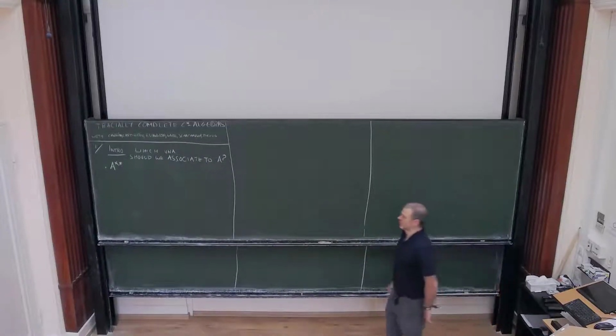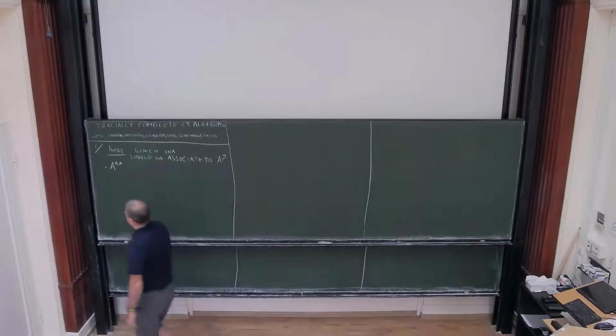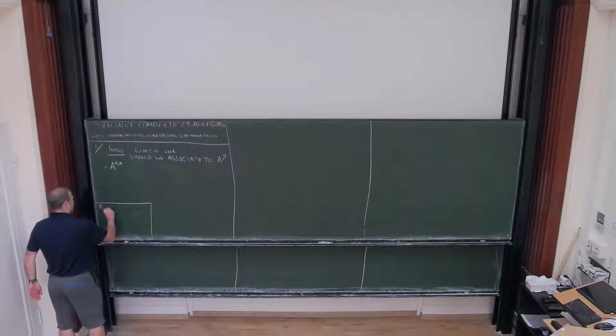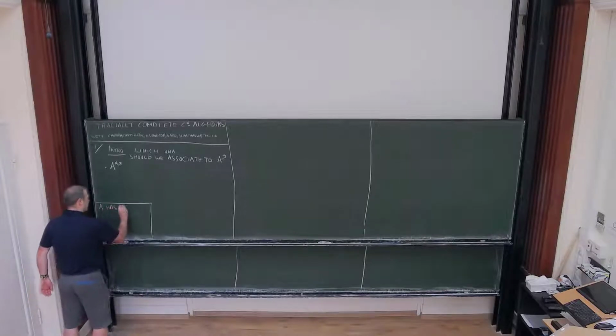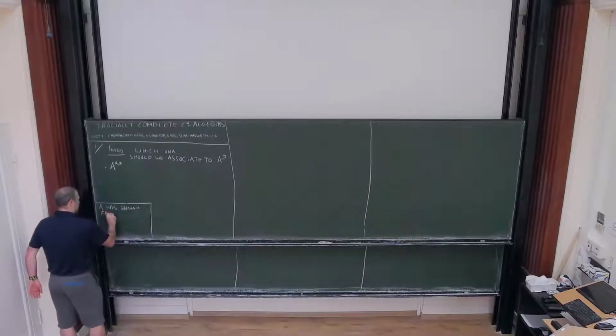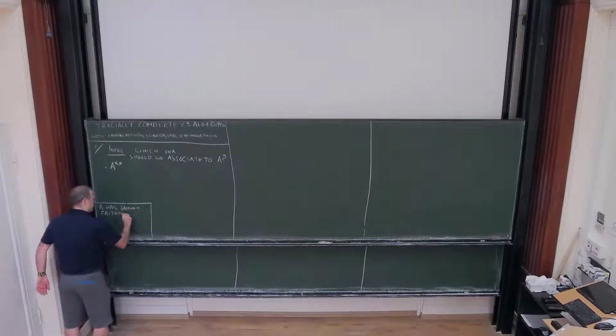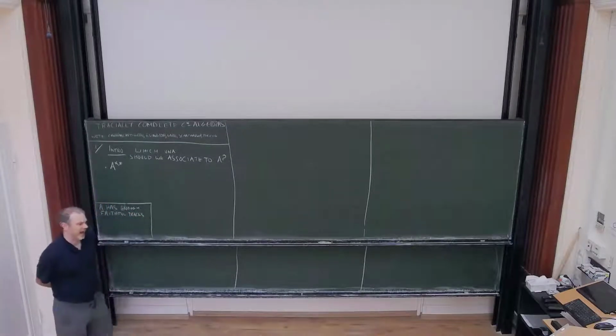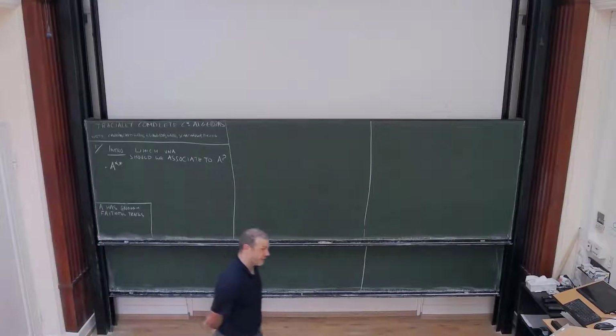So I'm going to be interested in the situation where A has sufficiently many, let's say enough faithful traces, so that will be a standing assumption. Meaning that given any positive non-zero element x, there's some trace which doesn't kill x.